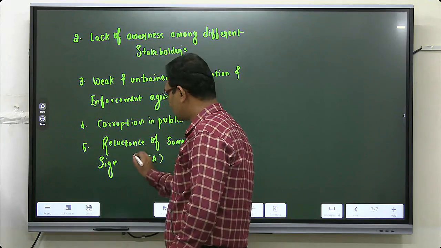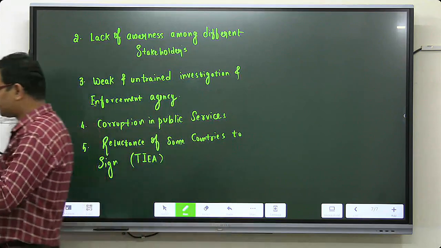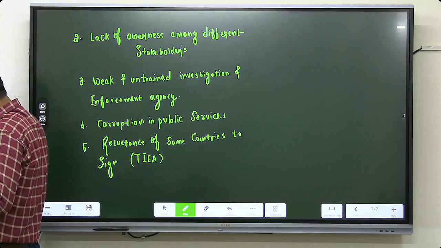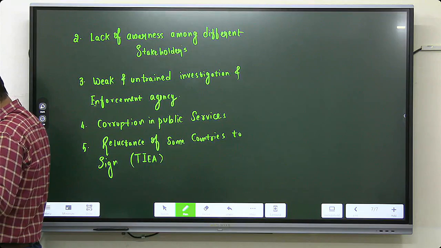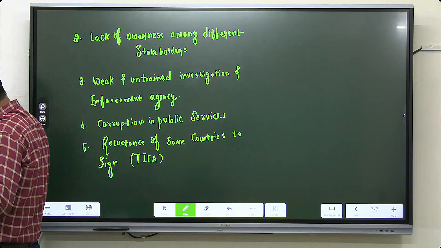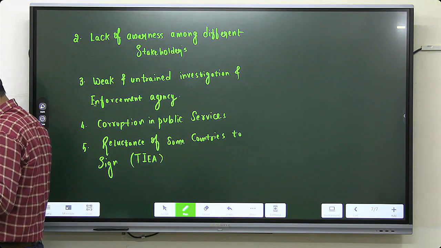I'll tell you what this is. First you write: tax information exchange agreement.